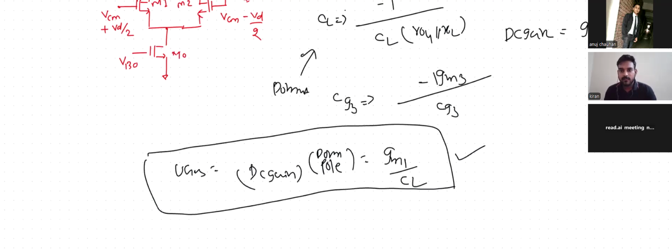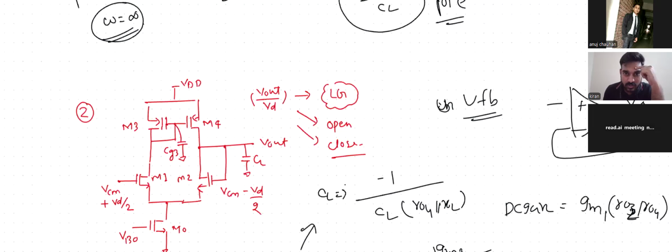What about the zero? Is it possible to have a zero here or not? A zero from input to output.